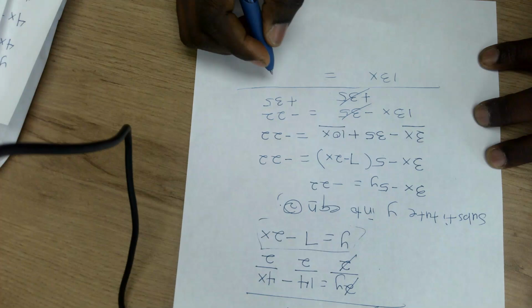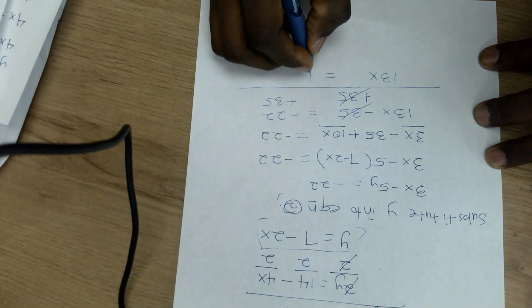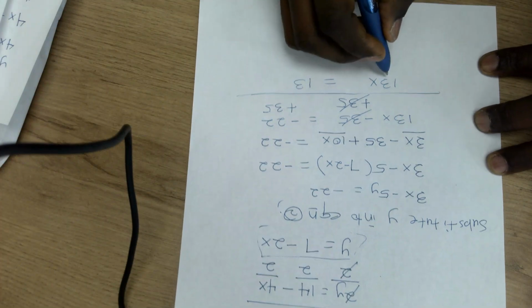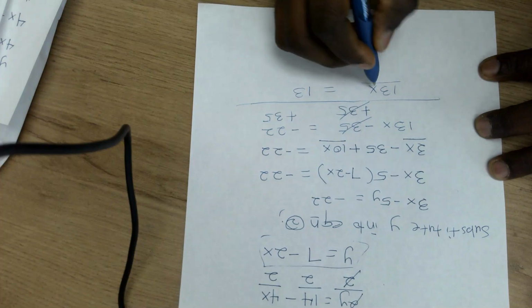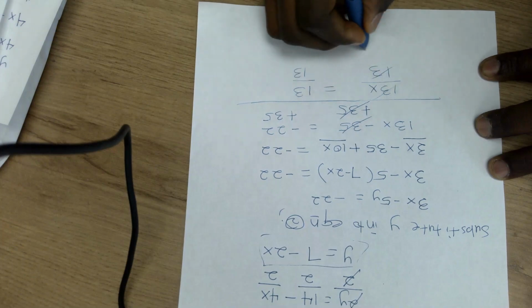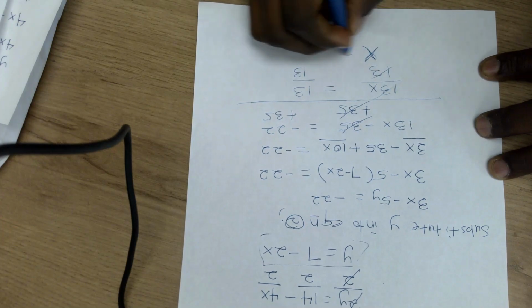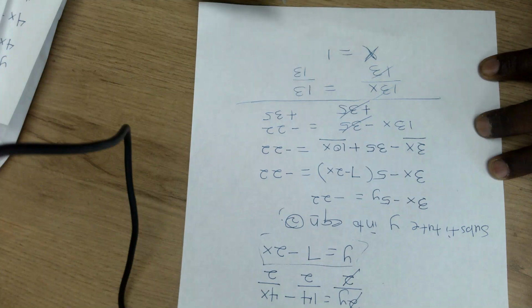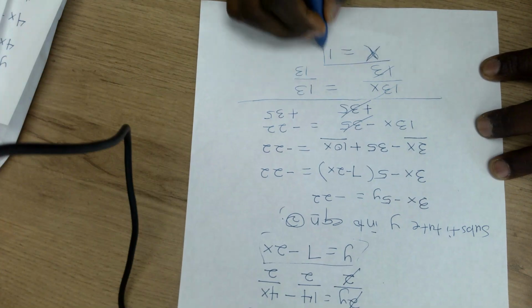That will be 13, right? All right, so I divide both sides by the coefficient of x, which is 13, and so my x would then be equal to 13 divided by 13. That will be 1. Okay, so that will be my x.